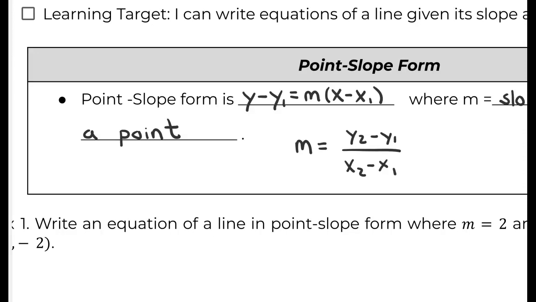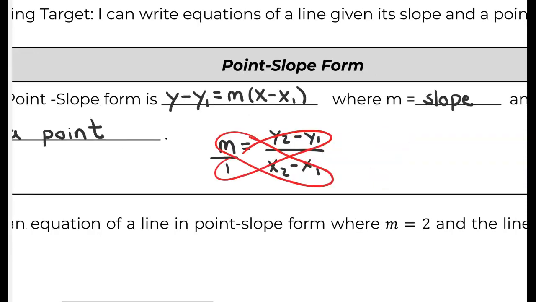Well, if we put this m divided by 1, we could do what's called cross multiplication. Multiply here and here together, and here together. And that's the same thing as y2 minus y1 is equal to m times x2 minus x1. And then we only need 1 point, so we drop off the 2's.